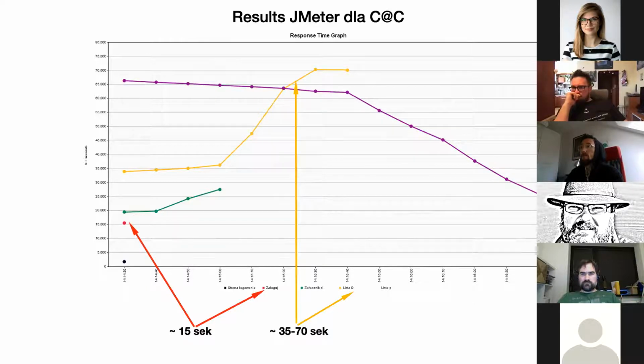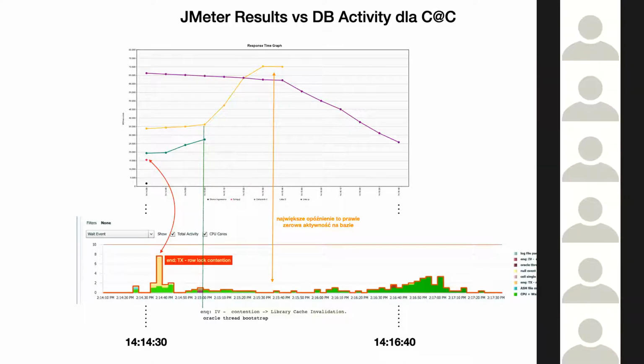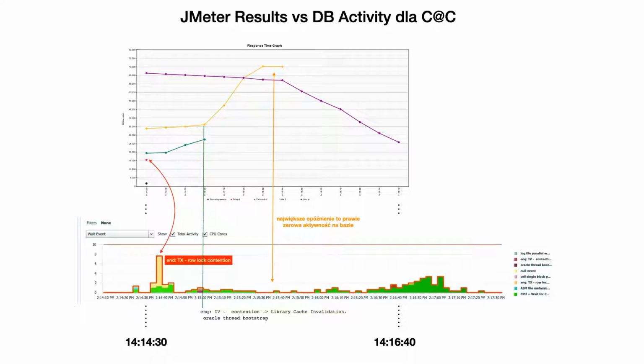And that was the first message which we received, that there is something wrong. So the first thing which we did was look inside the active session history, and we started to examine the situation from that perspective, to correlate the tests and the timeline of the test with the events on the database.